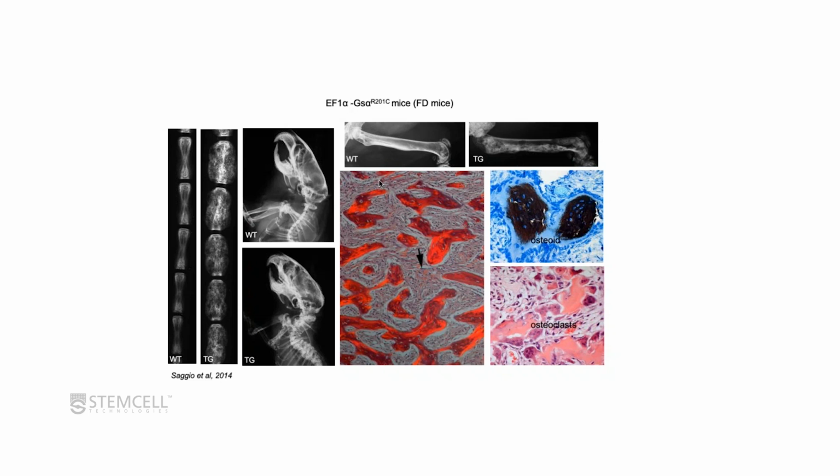And as you can see here, these mice reproduce a skeletal disease that mimics human fibrous dysplasia, with fibro-osseous lesions, hypomineralized bone, and abnormally resorbed bone trabeculae.